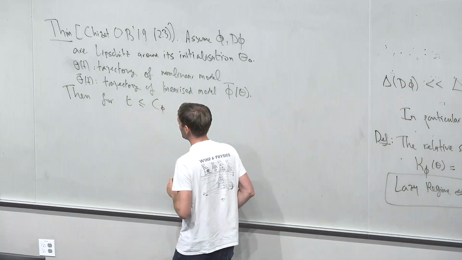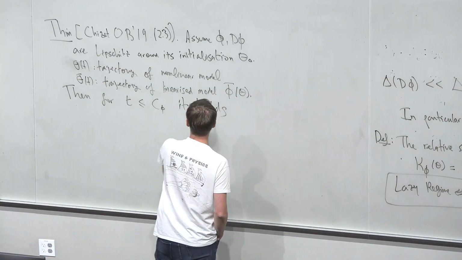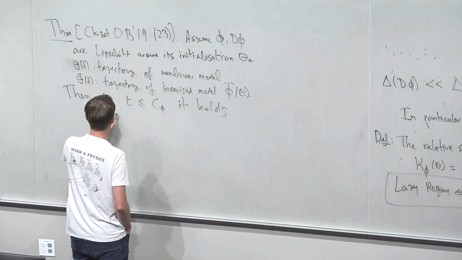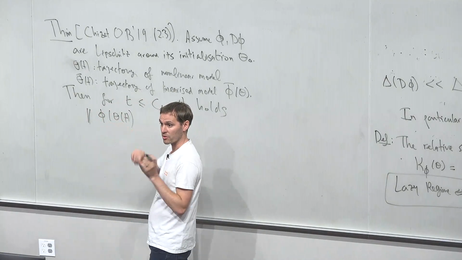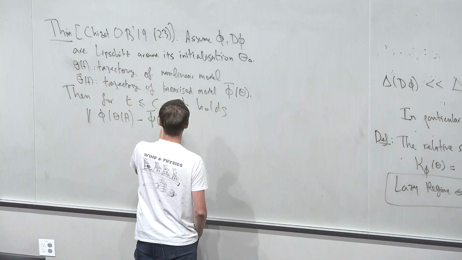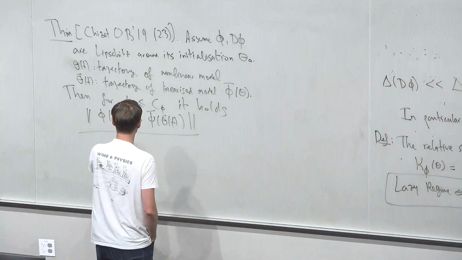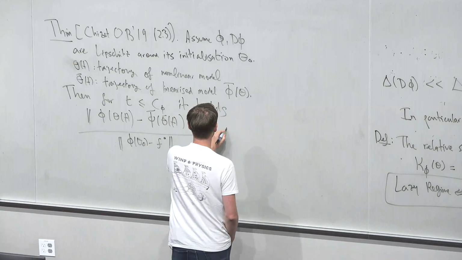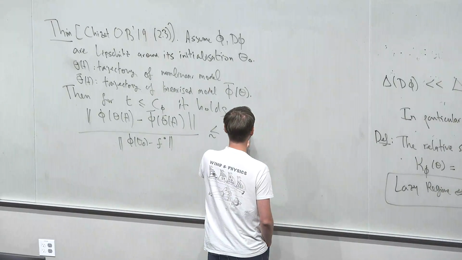And then for all times below this constant, the distance between the nonlinear model and the linear model, the functions that I learned, the trajectories in function space, relative to the value at initialization, so that's the error I get at initialization, is controlled by something of the order of time squared times the relative scale of the model at initialization.